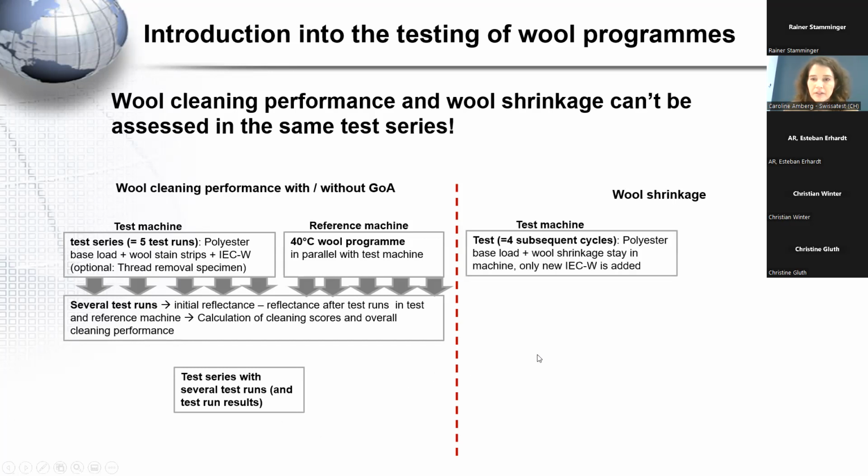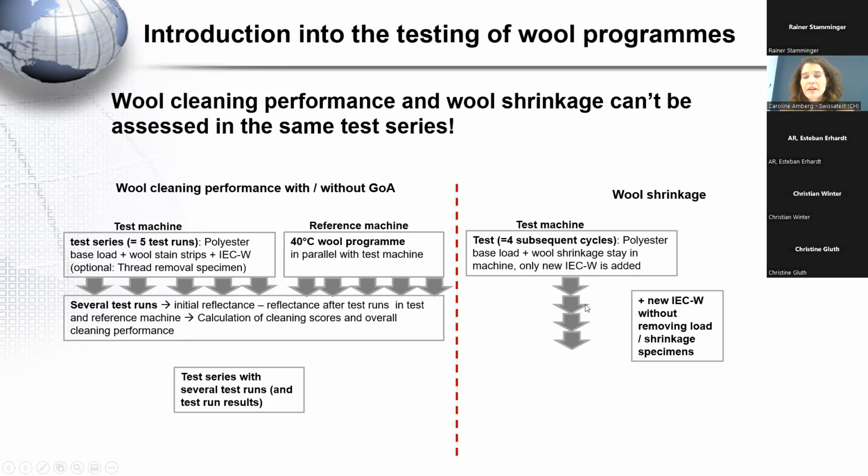Okay, and wool shrinkage is a bit different. You have as well the test machine where you run a test, and the test means 4 subsequent cycles. In the subsequent cycles, you only add new detergent when you start a new cycle.